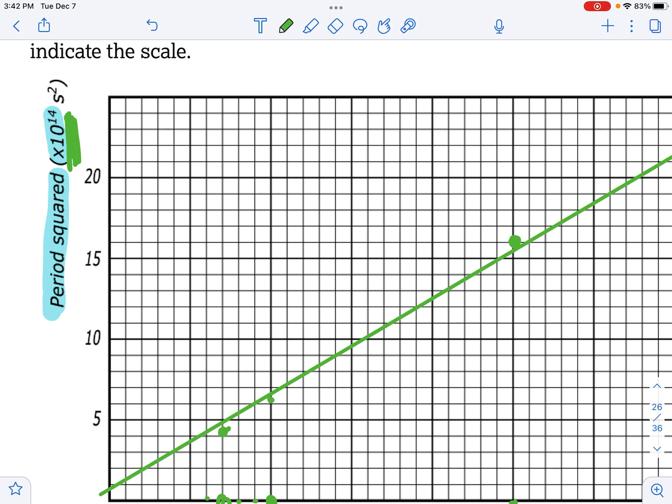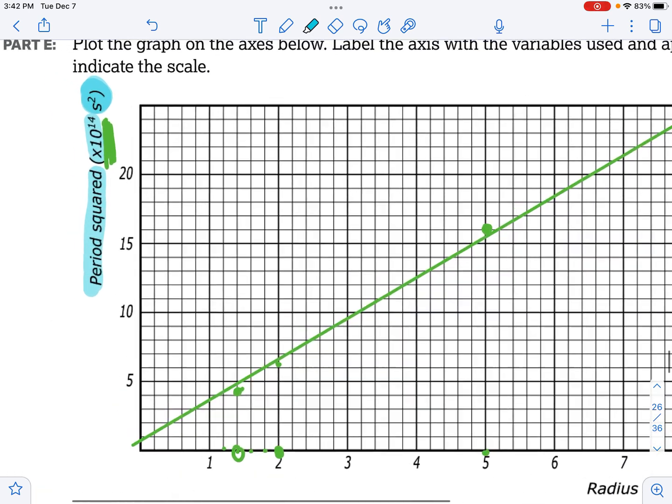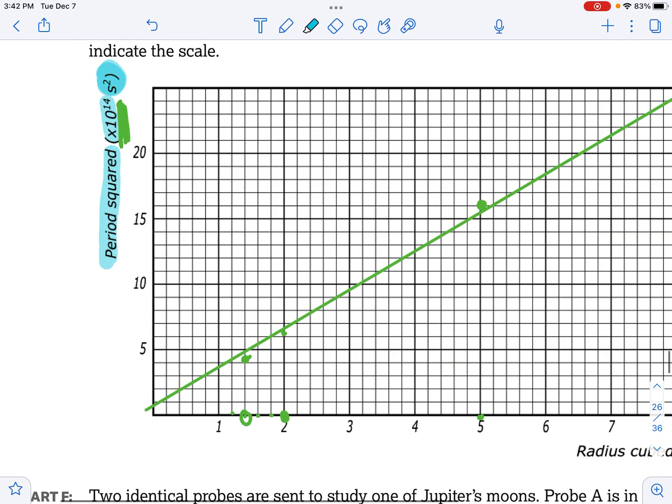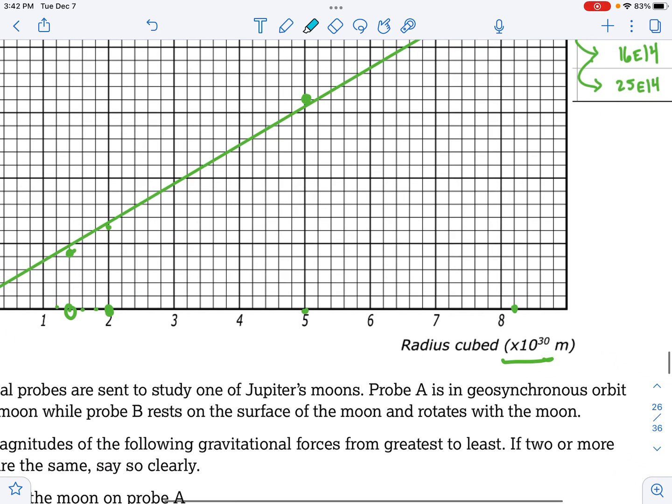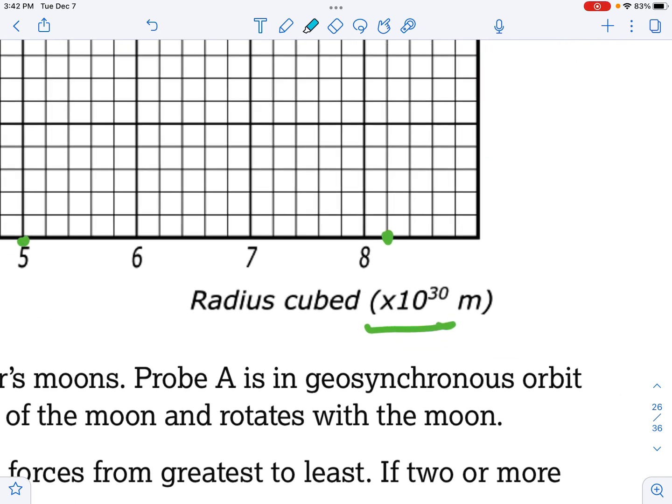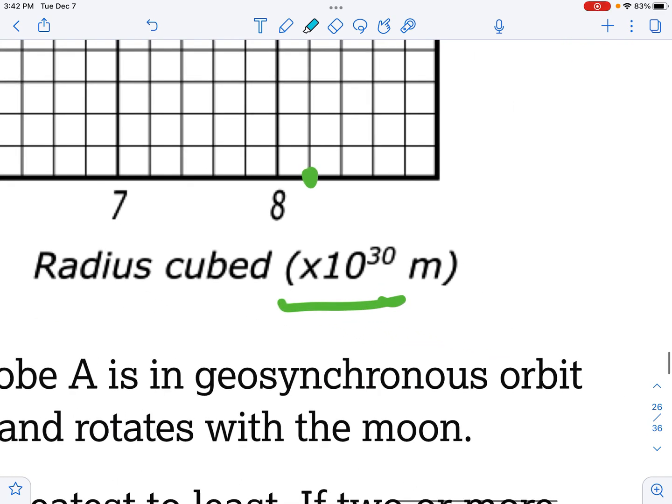Now that's a separate thing than the units, which you also need to write. The units for period is seconds, and so for period squared is seconds squared. You have to make sure to do that. There are always points on a linearization question on the AP test for getting the units correct. Now, I'm excited because they made a mistake.